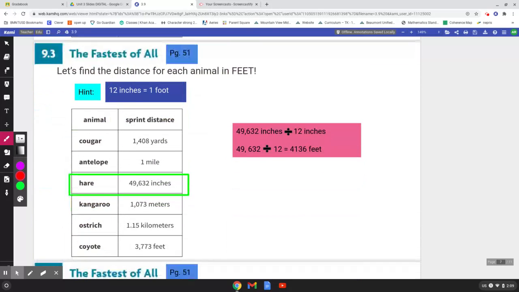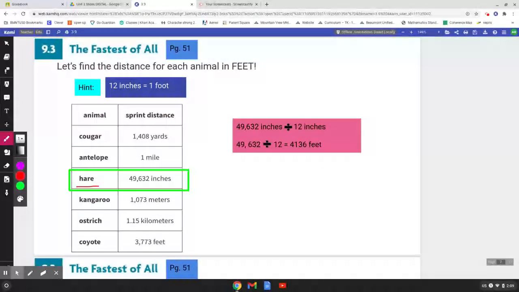So you're going to write that down next to the antelope. And then the next one we have here is the hare. Now he's in inches. So what you need to know is that there are 12 inches in 1 foot, and that is a conversion that you should know, and I know that most of you do know. So what we would do is we would take that 49,632 and we would divide it by 12 inches.